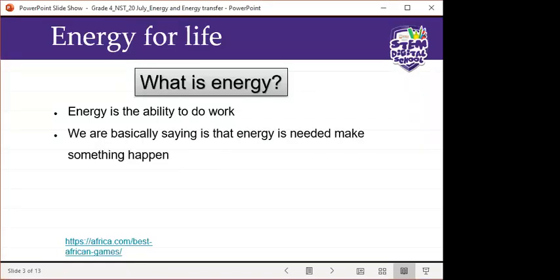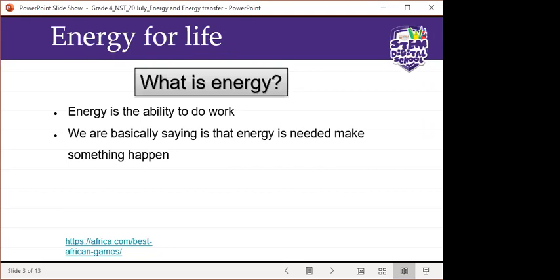Okay, so what we're basically saying is that energy is needed to make something happen, right? So we were given examples of walking or playing outside. I think Karen also gave us examples that we need energy to do work, if I'm not mistaken. The work would be even sitting by your computer or by your phone and attending this class.